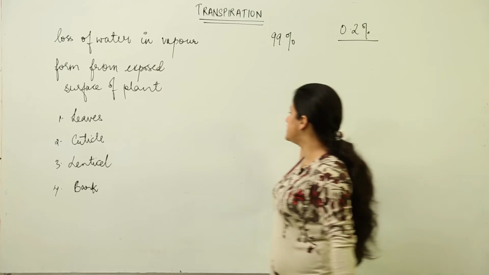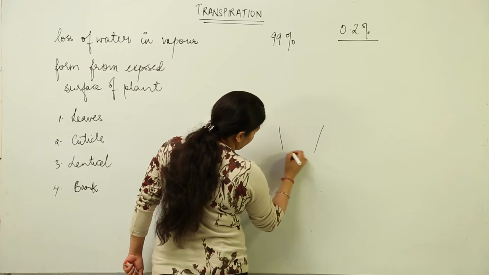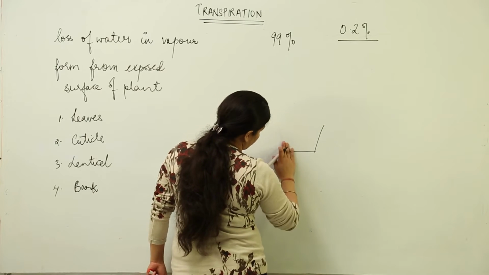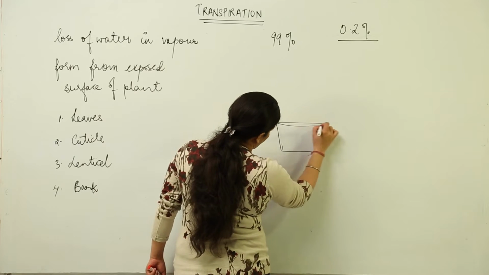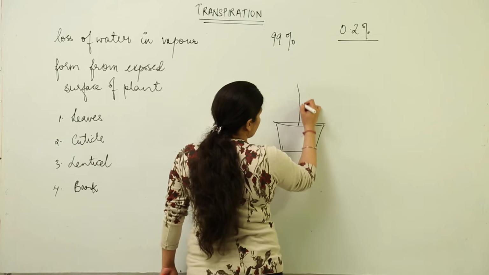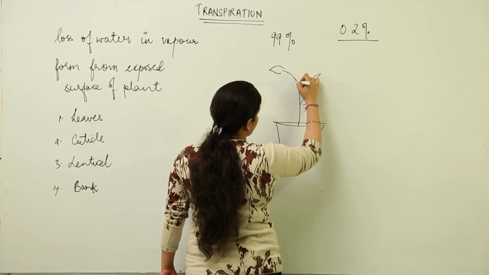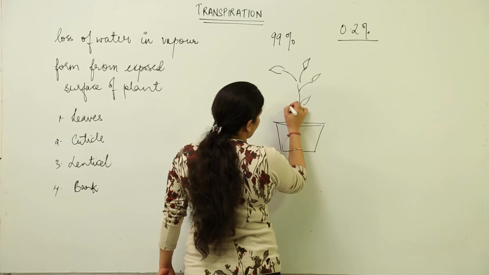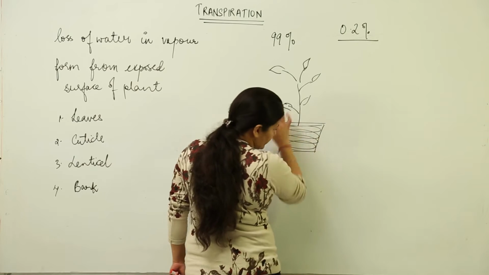Now, how can we observe the transpiration process? There is a simple activity. You again take a potted plant. You see, potted plants are going to be of great help in understanding these activities for you as well, and for those who pioneered in understanding these. There is a potted plant with green leafy structures, simply representing it like this, and it has been kept in a bell jar. This is to be well covered, properly covered.